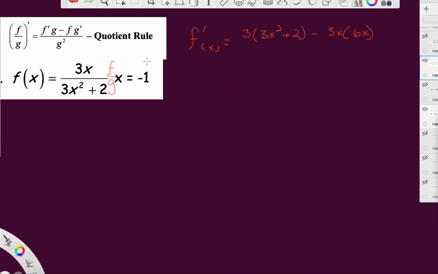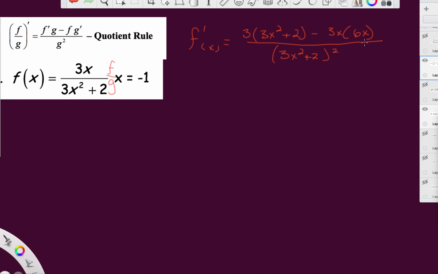And that's it. This 2 goes away, so we don't have to worry about that. All over 3x squared plus 2, and square that quantity.